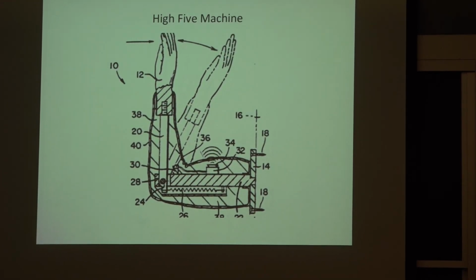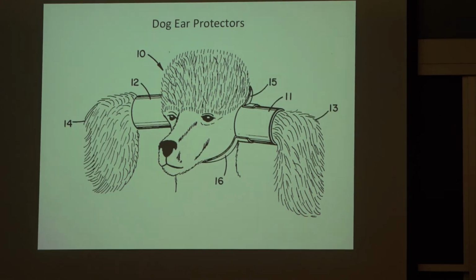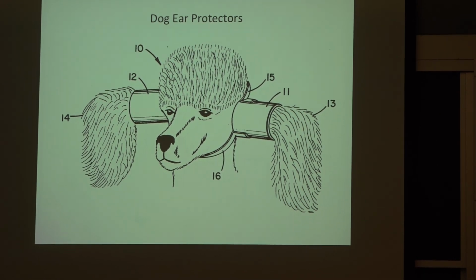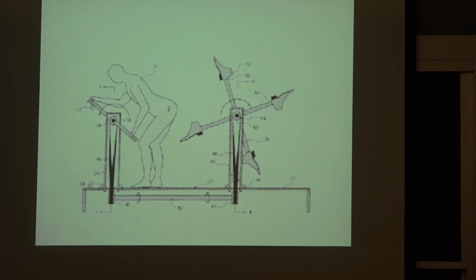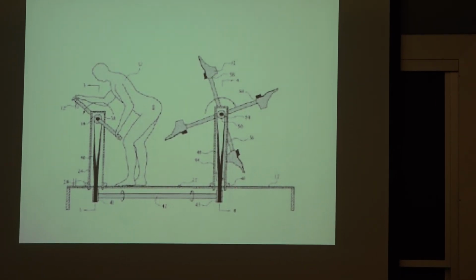Here's a high five machine, which is an actual patent. I'm sure all of you probably have one of these. Dog ear protectors. Actual patents. This I didn't think needed a title.